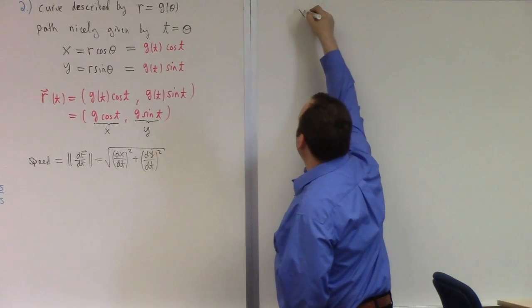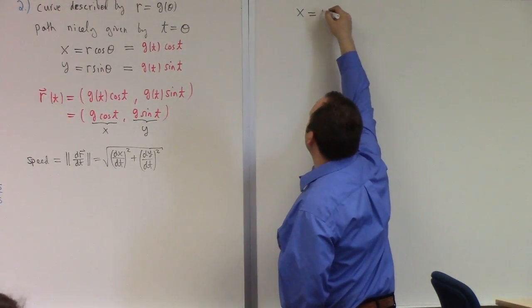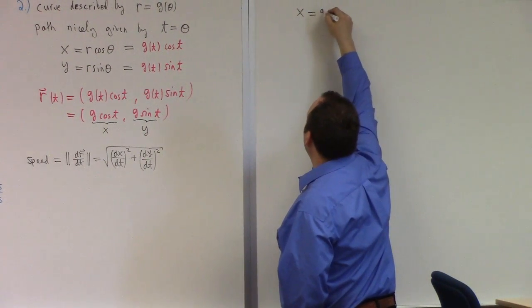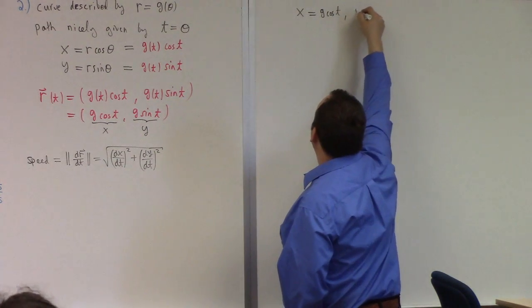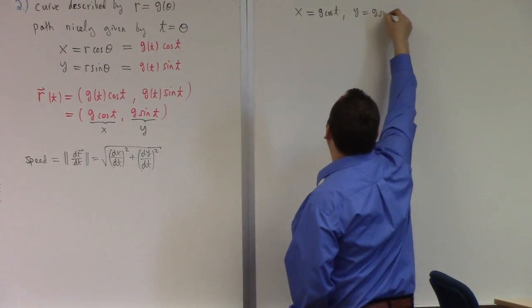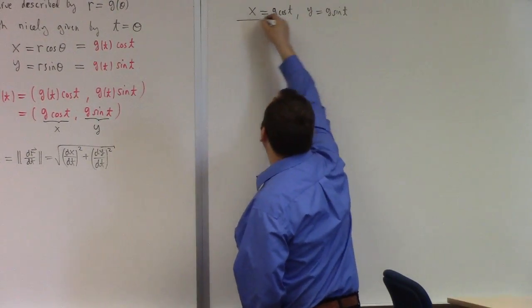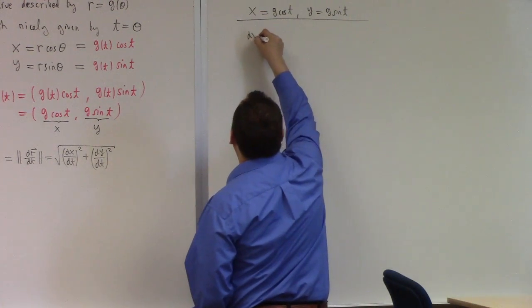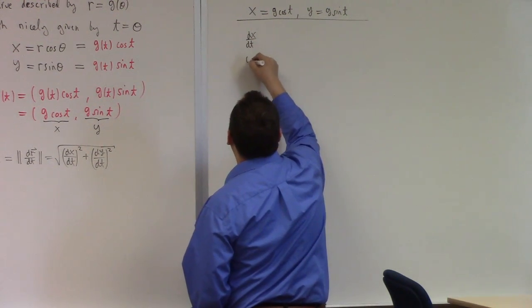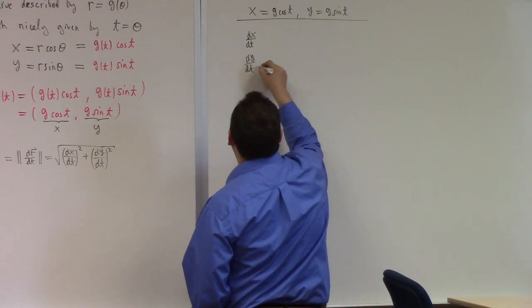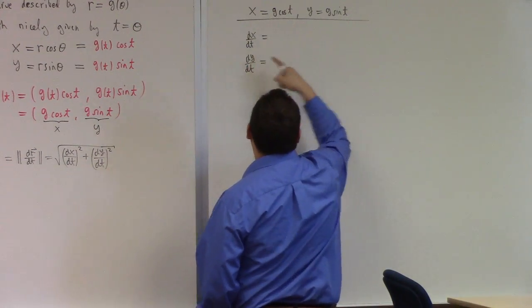So here we go. We've got x equals g cosine t, y equals g sine t. I'm just writing them again to have them close to where I'm working. So what happens if we calculate dx dt and dy dt? I'm going to write down the derivatives, and then I'm going to write down their squares over here.